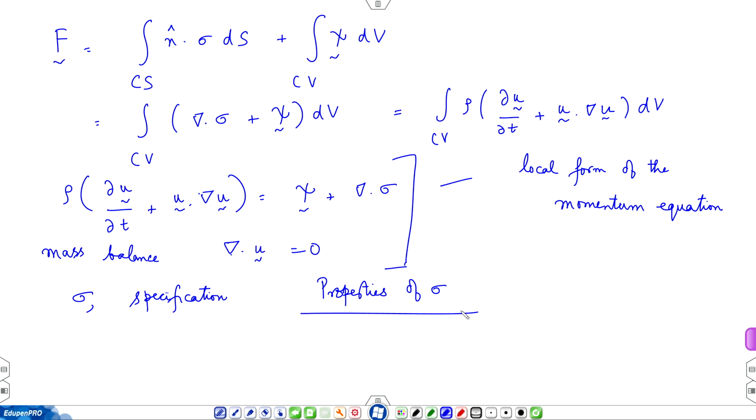Velocity is 0. So, the mass balance equation is identically satisfied, acceleration is 0. So, you get chi plus del dot sigma equal to 0. What is that equation called? Long ago we did fluid statics. It is the equation of hydrostatics. So, if the flow is stationary, is sigma 0? No, del dot sigma is balanced by the weight. So, how much is sigma in a stationary medium?